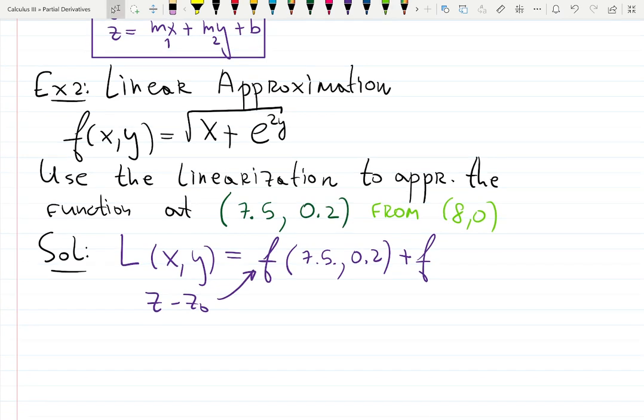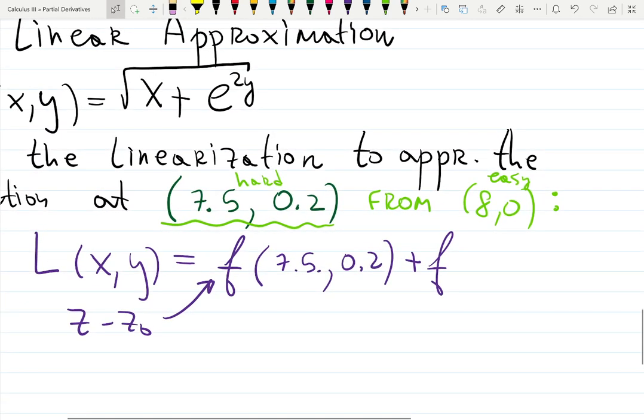There's a surface, and these are complicated, hard numbers. It would be nice to find the tangent plane and plug in easy numbers which are close to the hard numbers. 7.5 is close to 8, 0.2 is close to 0. So objectively, it's just easier to calculate that.